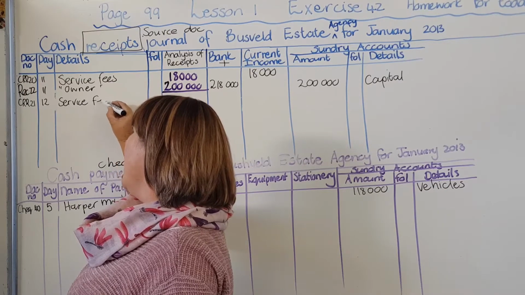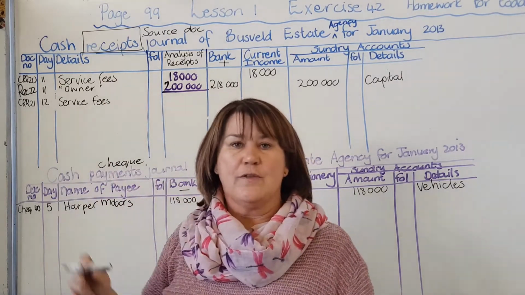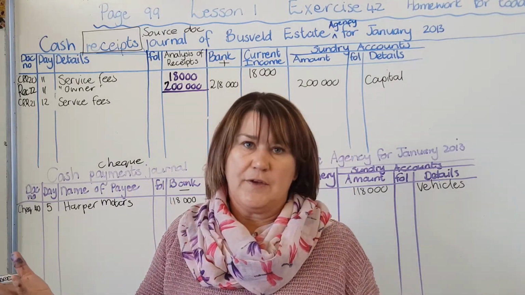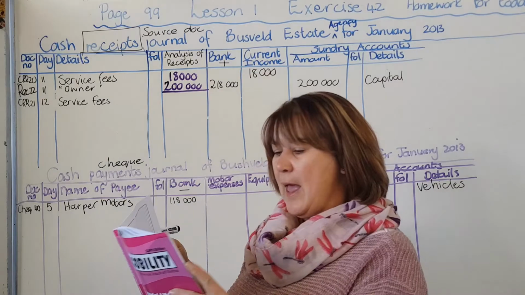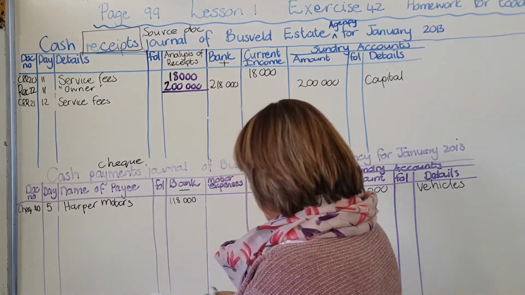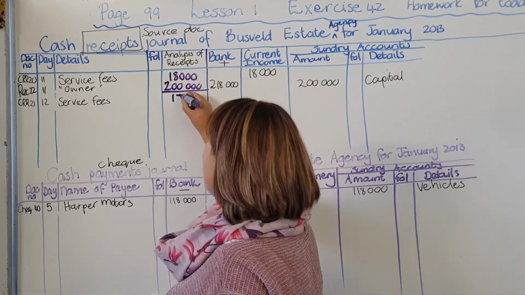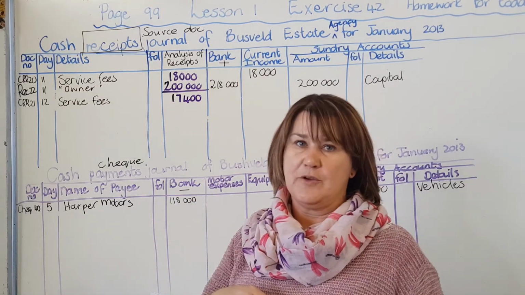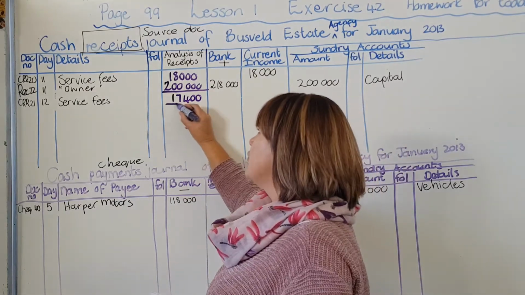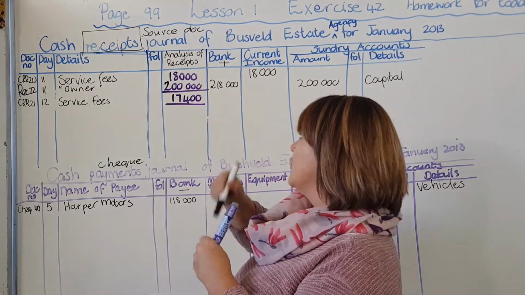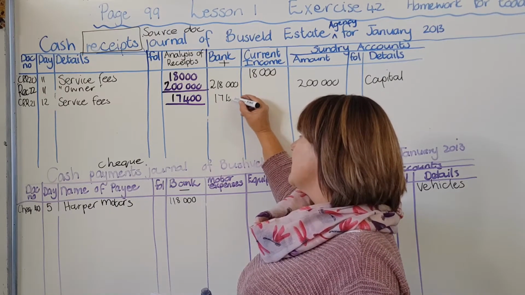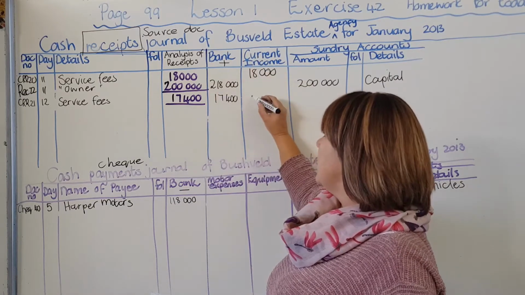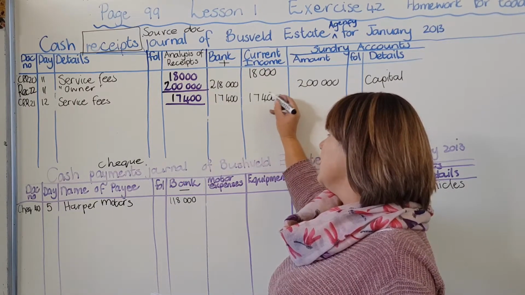As I told you, I like to write there service rendered. But I'm going to write there service fees because the book said service fees. All right, so there's no problem. And the amount that I've received was 17,400 Rand. Can you see that's the only amount that I'm going to receive that day? So I might as well then just show the very next day it's going to be banked. 17,400, and that was service fees, and service fees is current income.